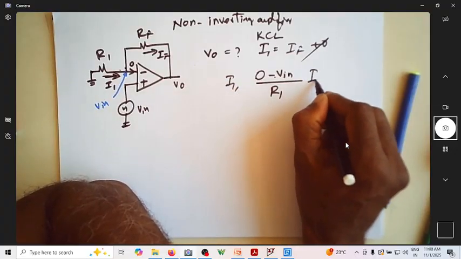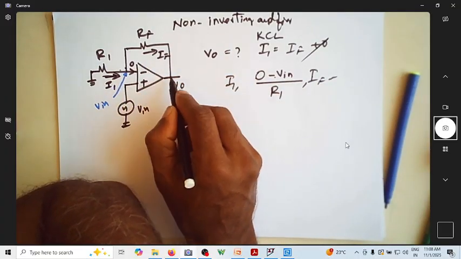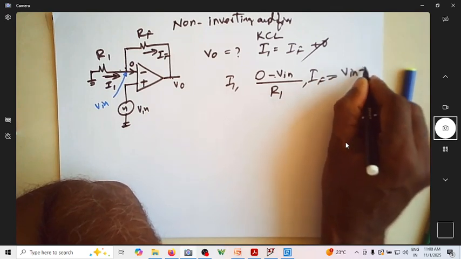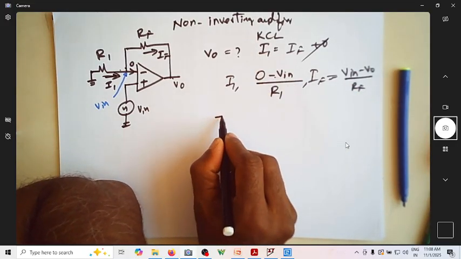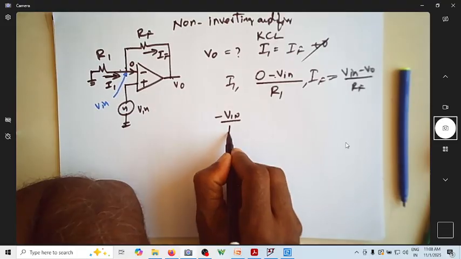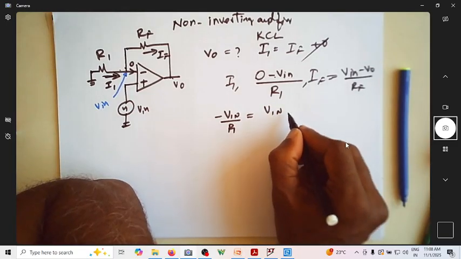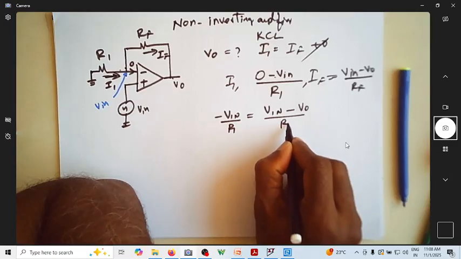What is IF? This voltage is Vin, this voltage is V naught. So it is Vin minus V naught by RF. So I can write minus Vin by R1 is equal to Vin minus V naught by RF.